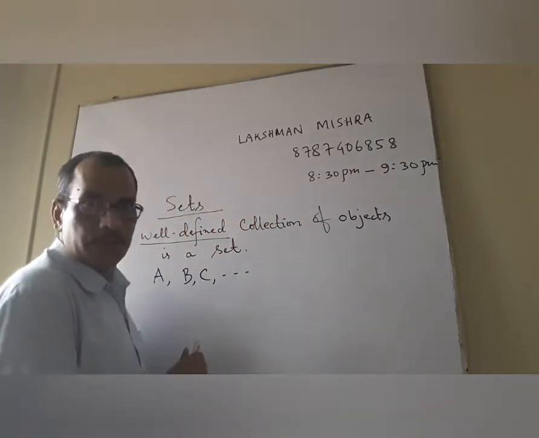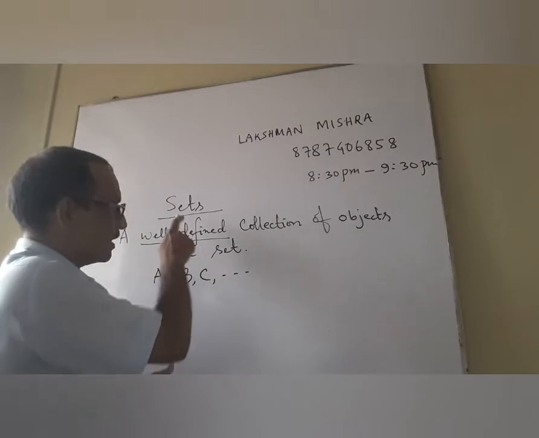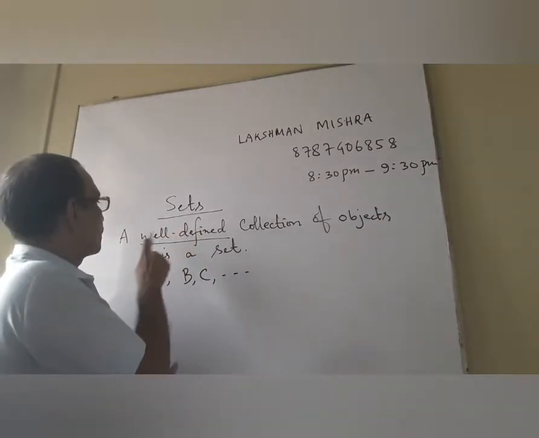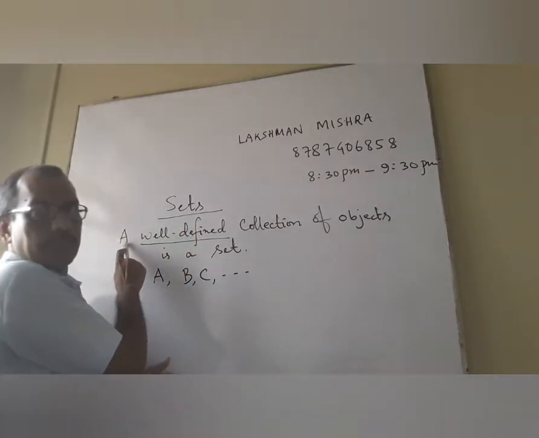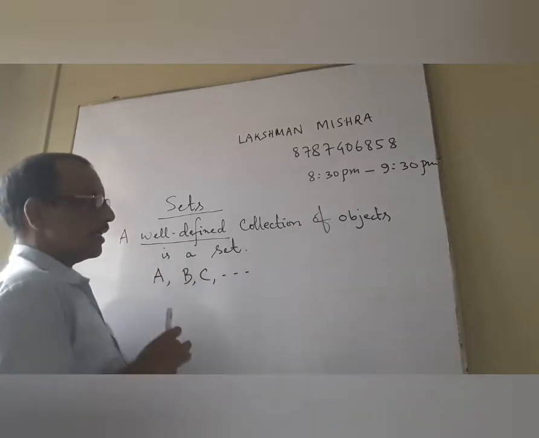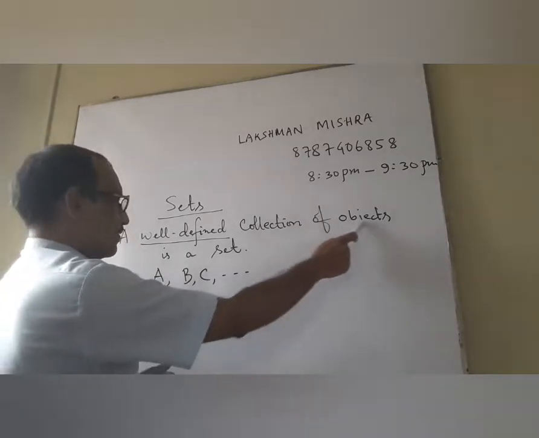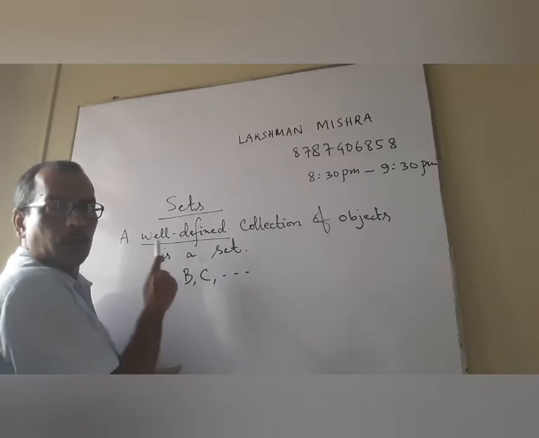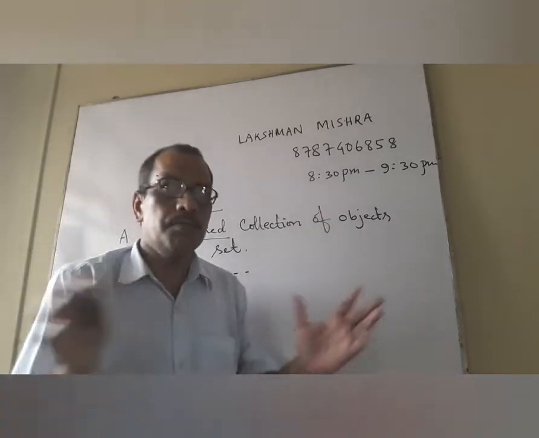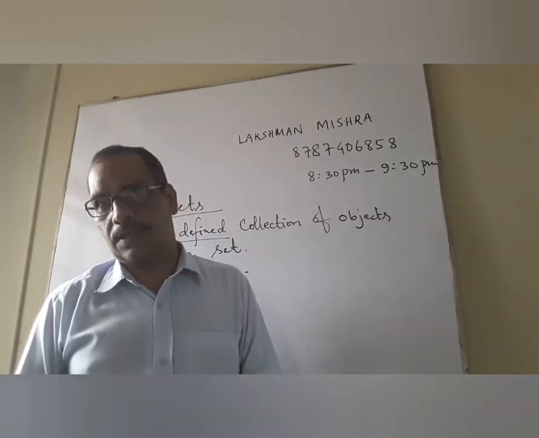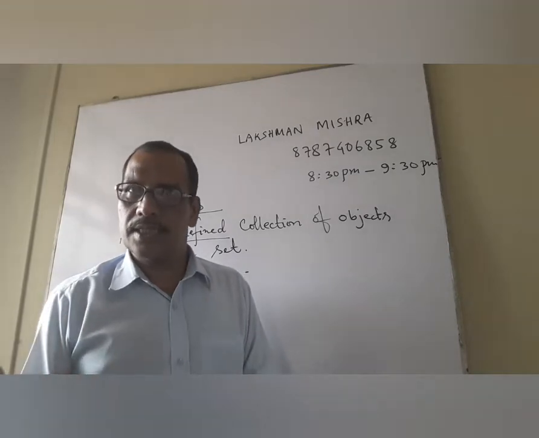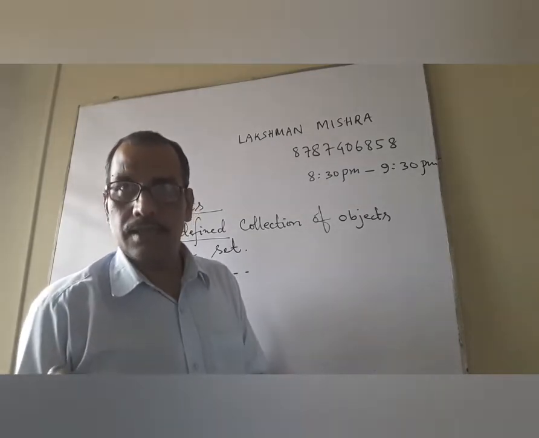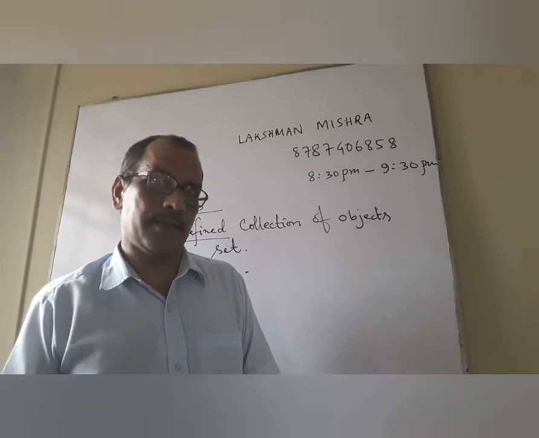Today I'll teach you chapter 1, sets. What is a set? A well-defined collection of objects is a set. Simply a collection of objects is not a set. Well-defined collection means the objects must be of the same kind.